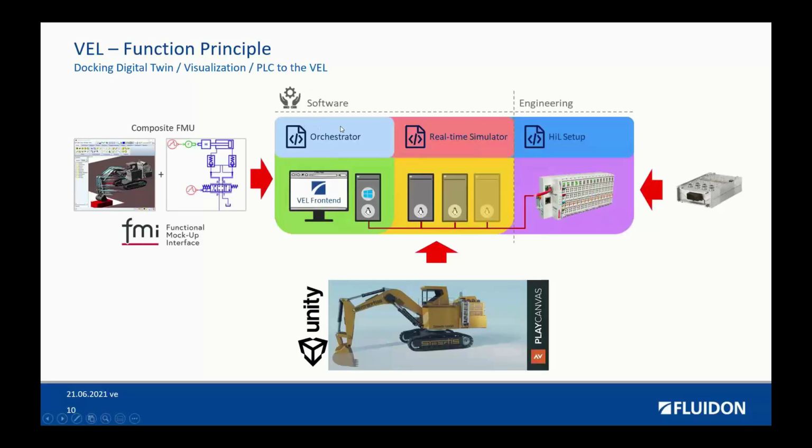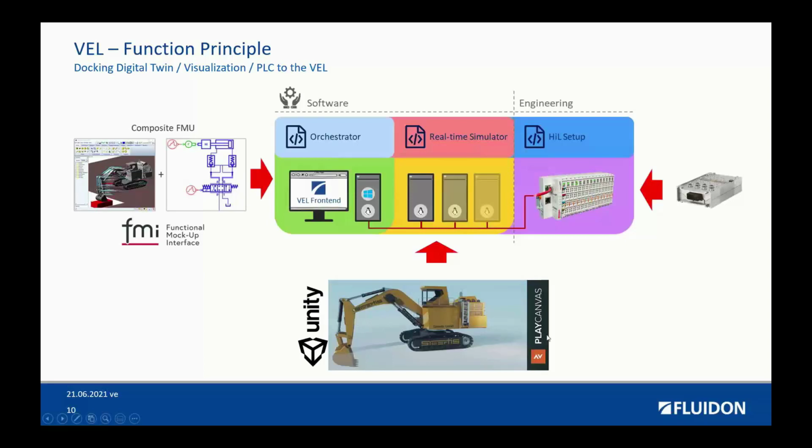On the right-hand side, you can see a mobile PLC, which is connected to the hardware in the loop setup. And the software algorithms running on such a mobile PLC are responsible for controlling the excavator motion of the digital twin. The virtual engineering lab offers 3D motion of the digital twin via Unity engine or PlayCanvas.